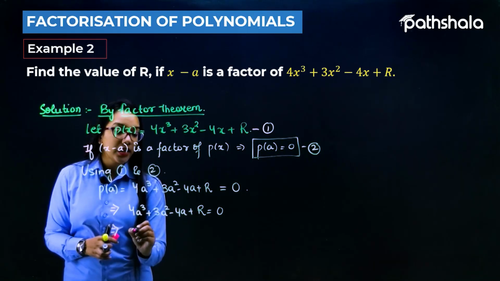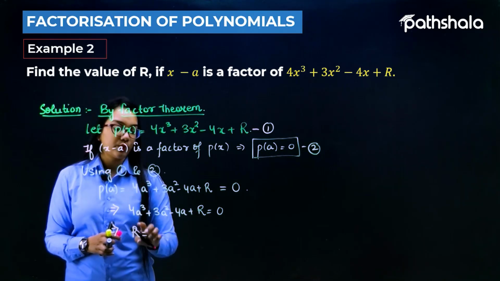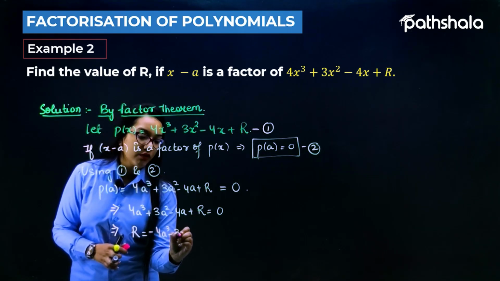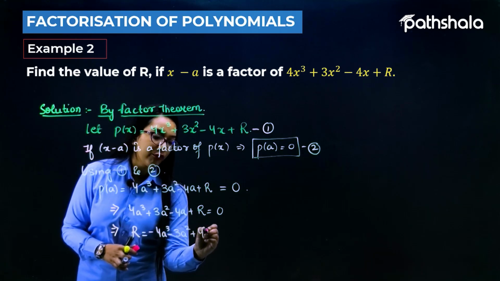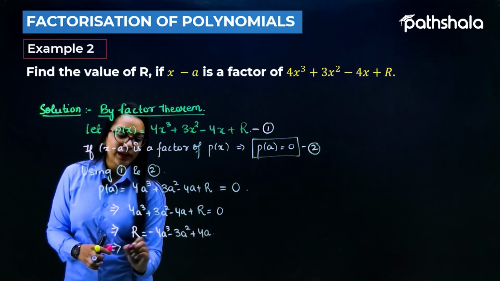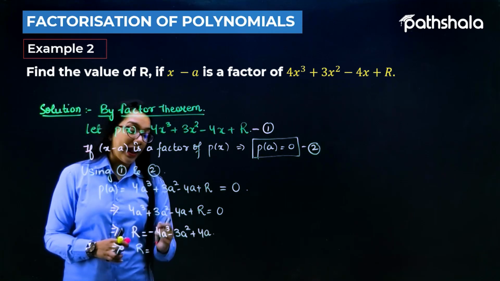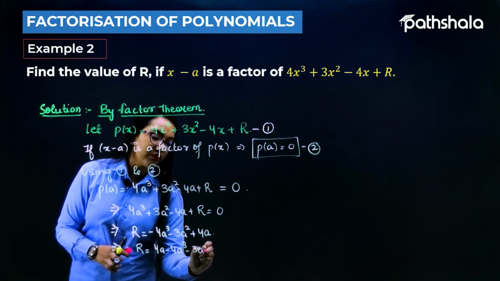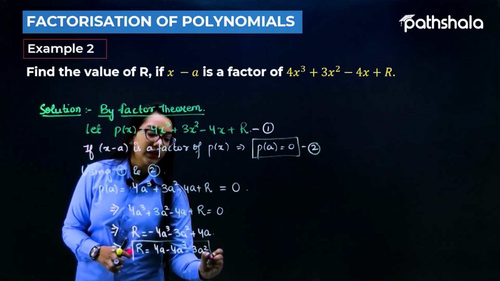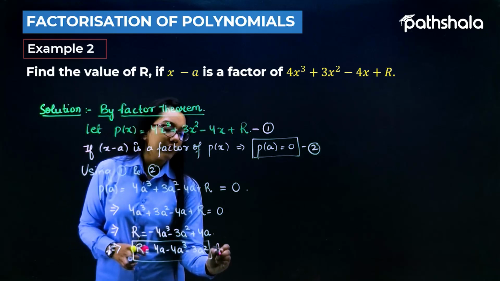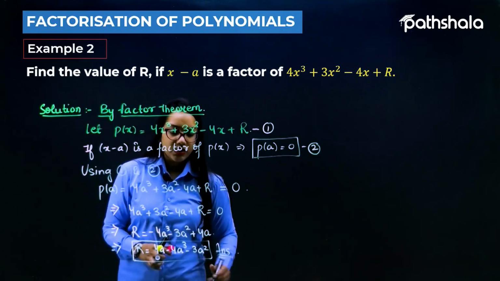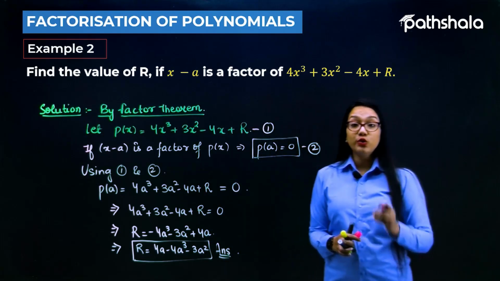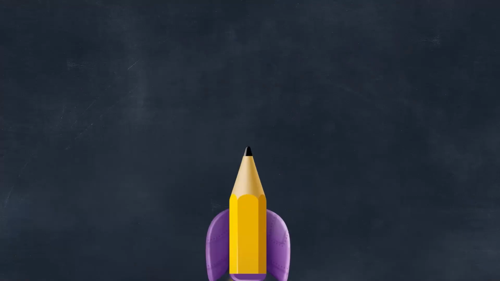So it will be minus 4a cube minus 3a square plus 4a. At the end, we get the value of r as 4a minus 4a cube minus 3a square. So this is the value of r in terms of a, and this is the solution of this particular question using the factor theorem.